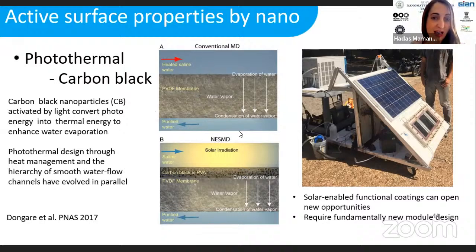So this is a conventional MD membrane, the PVDF membrane, and we have here the evaporation of water, condensation, and the purified water, and this is saline water.